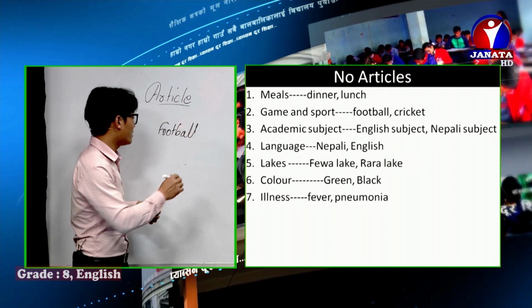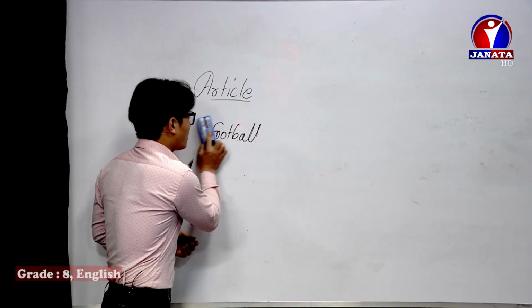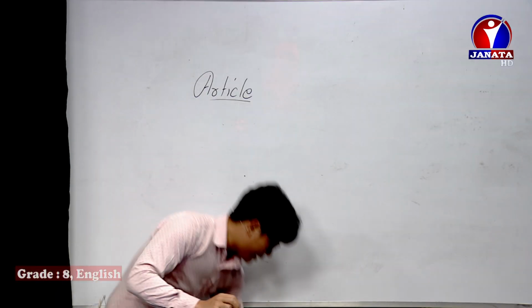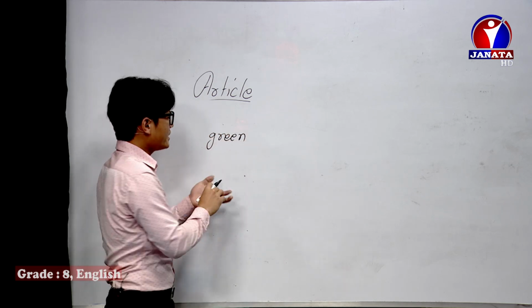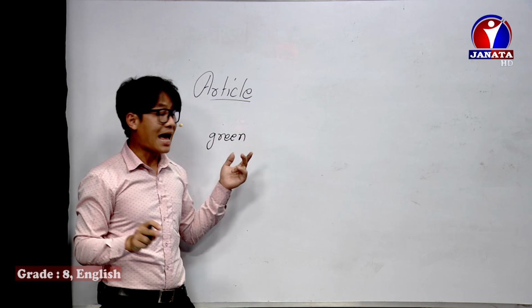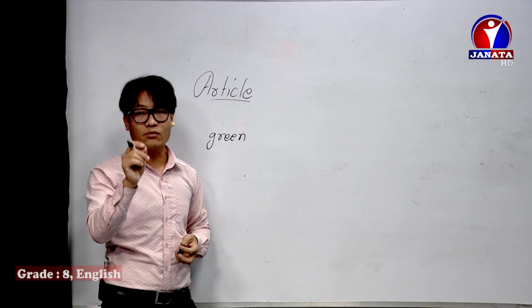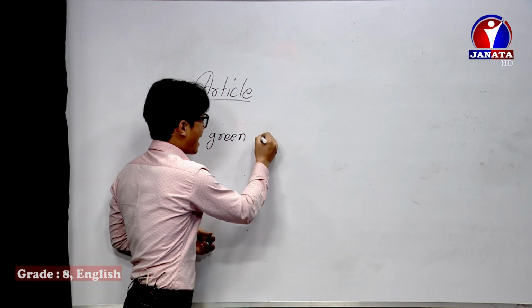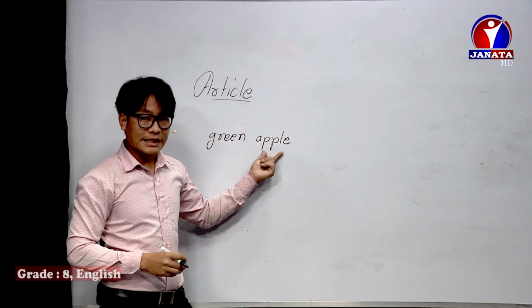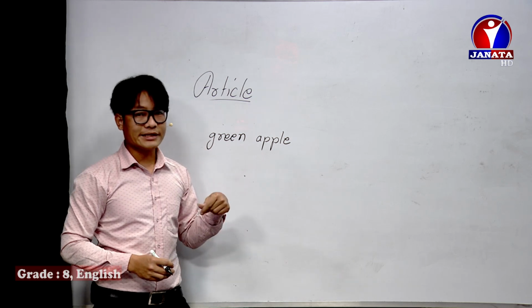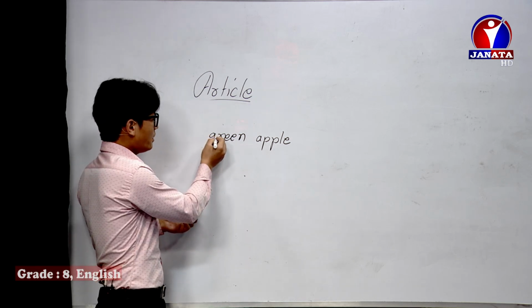But let me give you another example. Suppose here is green. This is a color. We don't use any article. But after green, if there is a singular countable noun like green apple, then we should use an article.